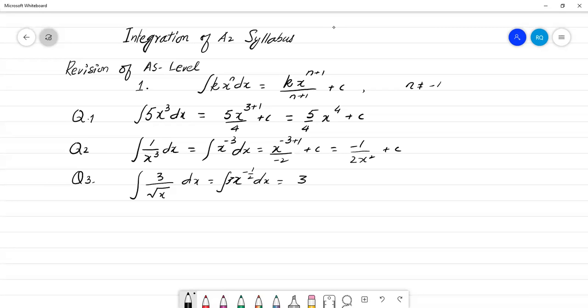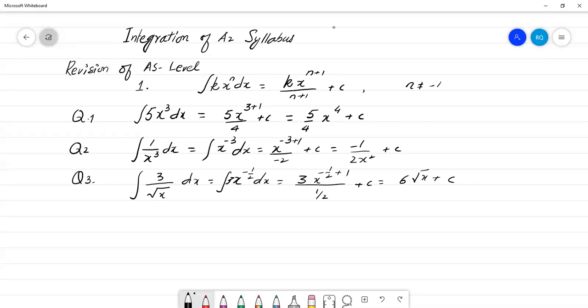I will take just 2 or 3 minutes to revise the AS levels. Over 1 by 2 plus c. If I am not wrong, the final answer will be 3 times 2, that is 6 under root x plus c. Remember that you have to solve the question by yourself. You have to simplify. That was the first rule.